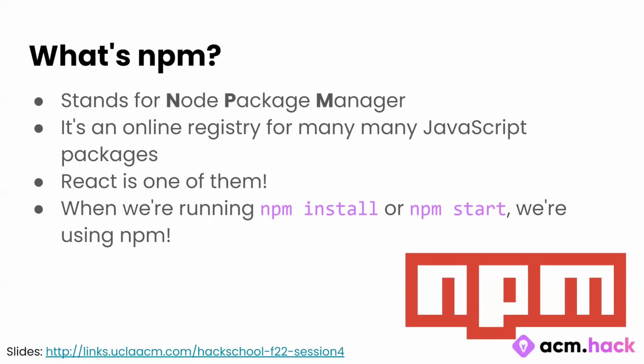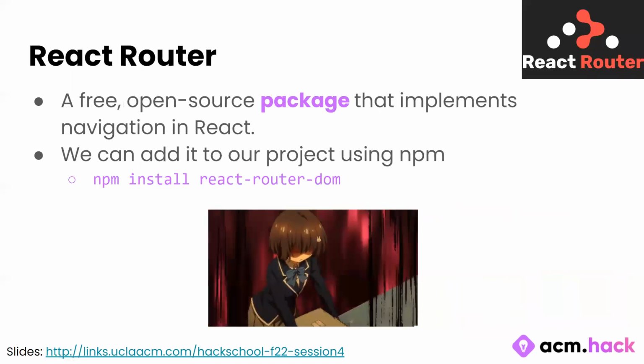And it turns out React is one of them. There's a React library written by Facebook, and they got it on the npm registry, and that's why you can do npx create-react-app, npm install, npm start to download all those packages, including React, and then run your app in React. Okay, so React Router DOM, or React Router, is just one of those packages.